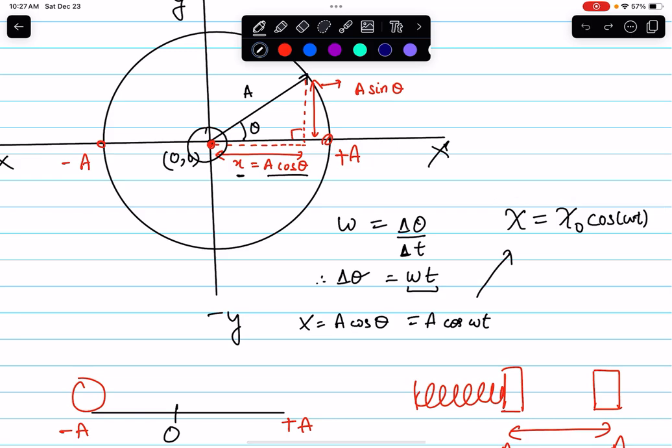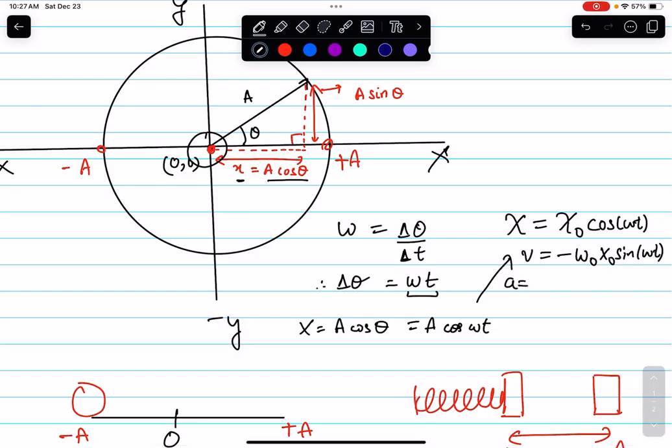And then if you find the velocity function, you just do a simple differentiation. The derivative of x naught cosine of omega naught t is negative omega naught x naught sine of omega naught t. And then for the acceleration, you do the derivative once again.